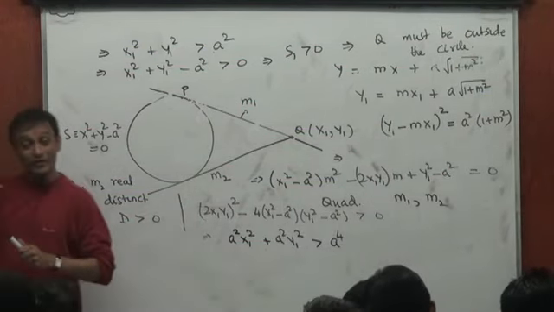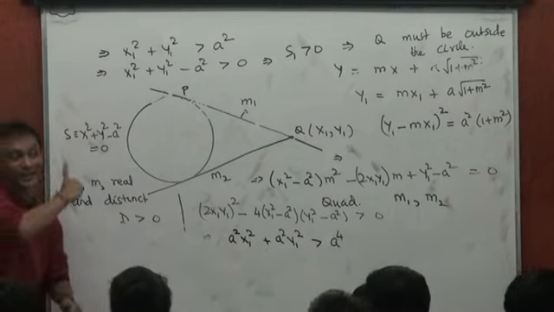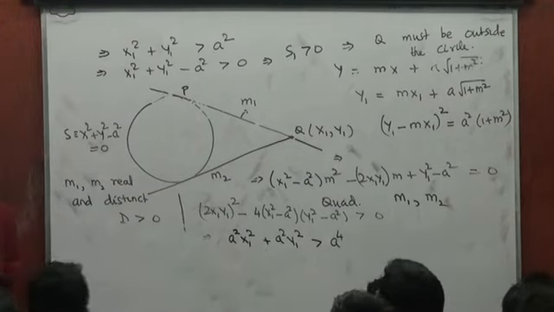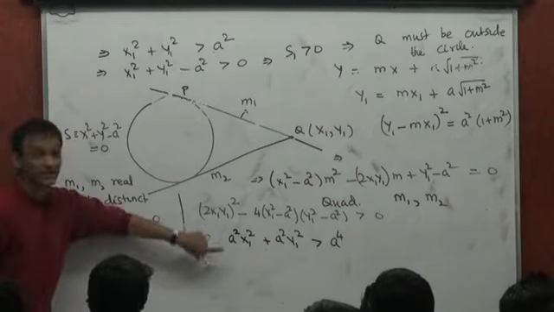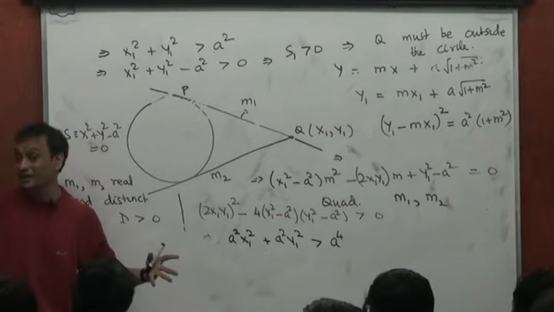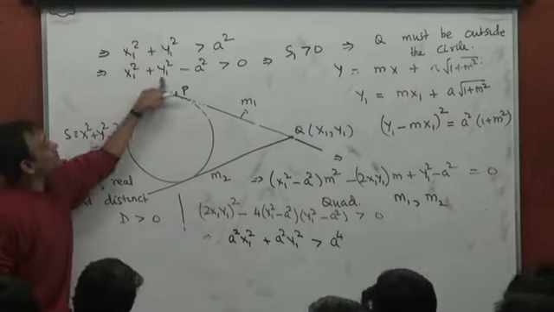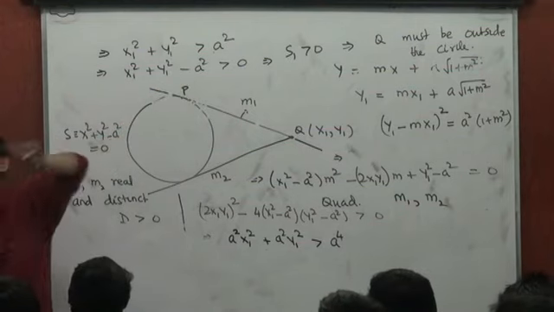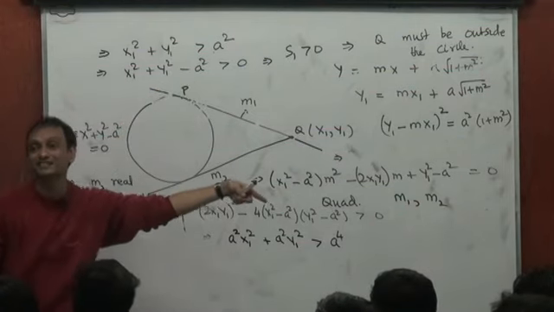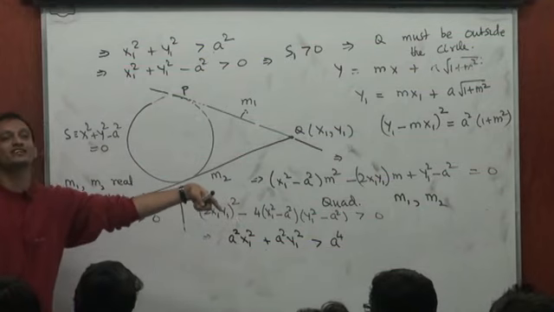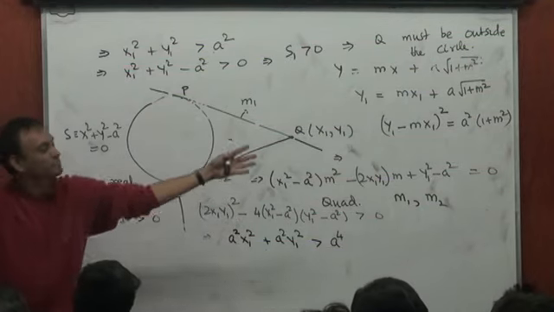And that's why from points outside the circle you have two real and distinct tangents, right? If you took discriminant less than 0, you will have imaginary tangents and you will get x1 squared plus y1 squared minus a squared less than 0. That means x1, y1 must be a point inside the circle. And therefore, from points inside the circle, you don't have real tangents, right?